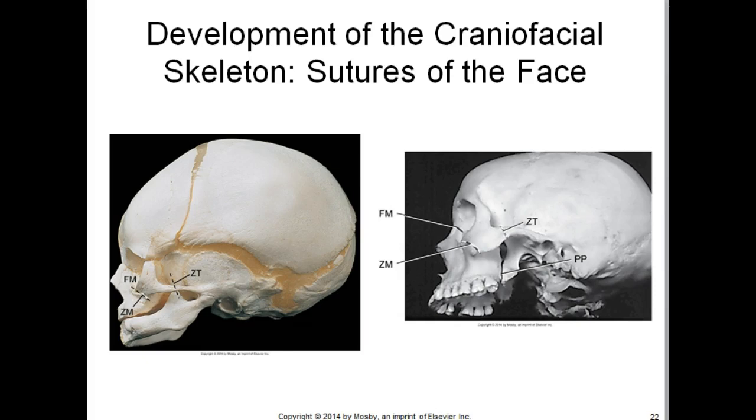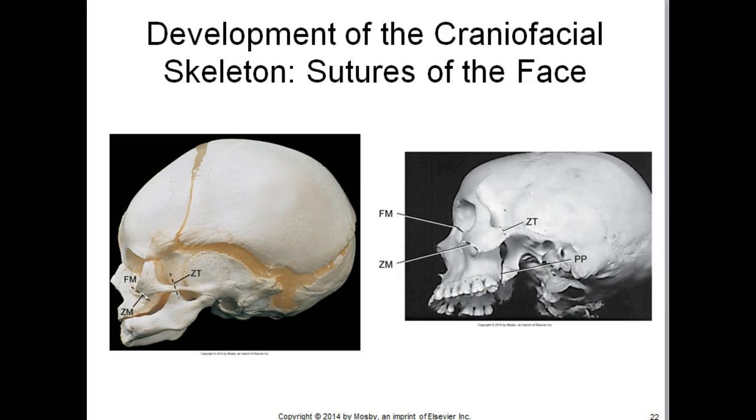Notice the difference between the infant skull on the left and the adult skull on the right. The infant skull demonstrates these thick areas called fontanelles. A fontanelle is a space between the bones of the skull in an infant or fetus, where ossification is not complete and the suture is not fully formed.